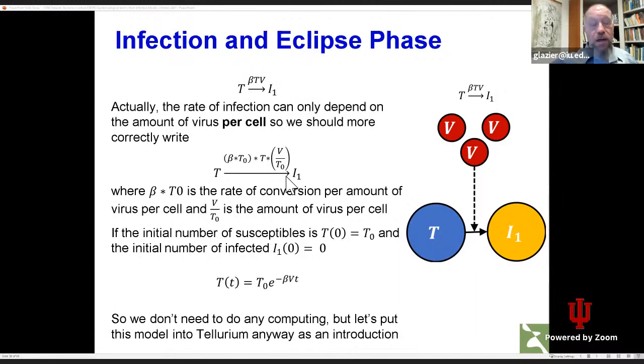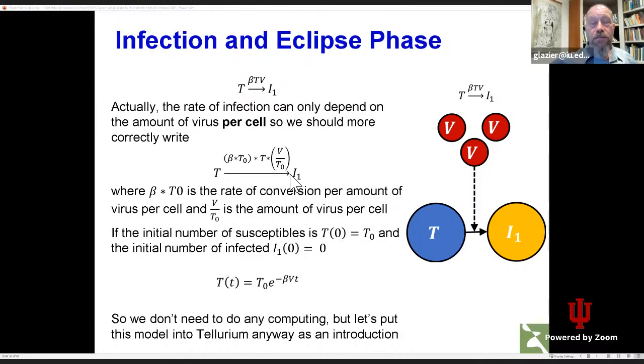That gives us the amount of virus per cell. And since we have to keep the equation the same, that means beta gets multiplied by the number of cells. And so beta times T0, the initial number of uninfected cells, is the rate of conversion from uninfected to infected per unit virus per cell.